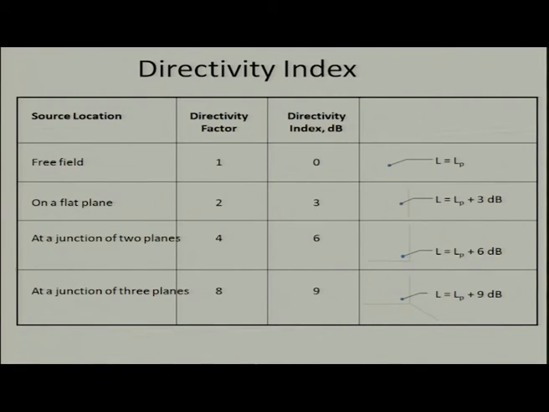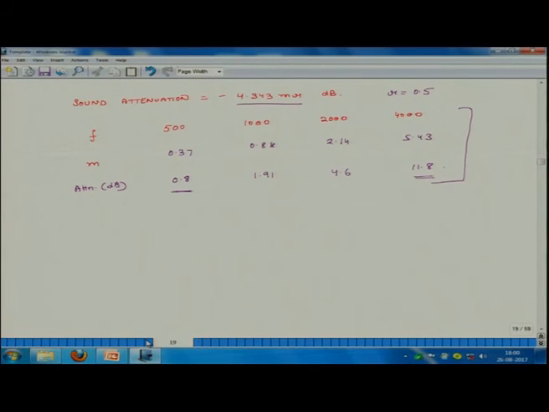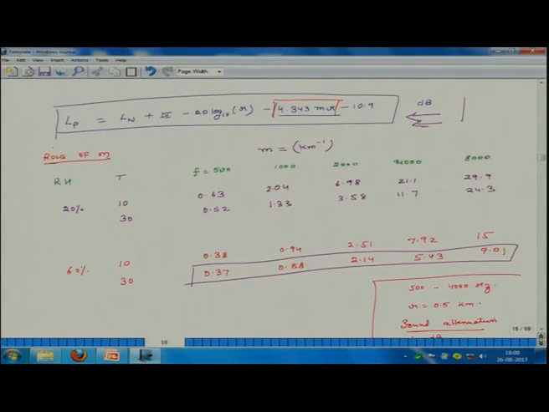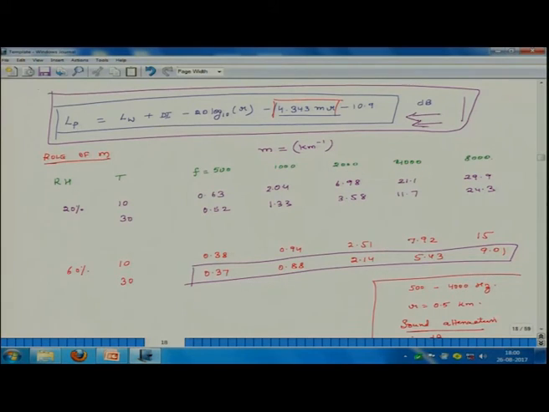So, what you have learnt is that initially we learned how to calculate the sound pressure level in absence of any reflecting surfaces, and now once we have reflecting surfaces, remember when we say reflecting surfaces, they should be perfect reflecting surfaces.